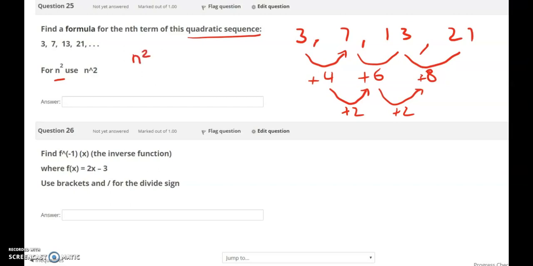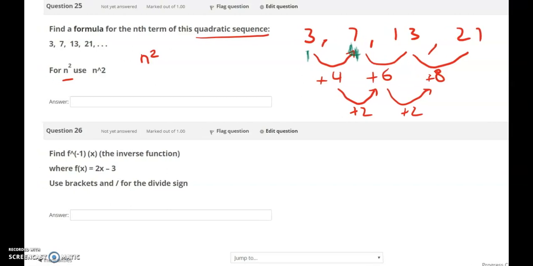So n squared means square numbers. So we'd have numbers such as 1, 4, because 2 times 2 is equal to 4. And then the third square number is 9.